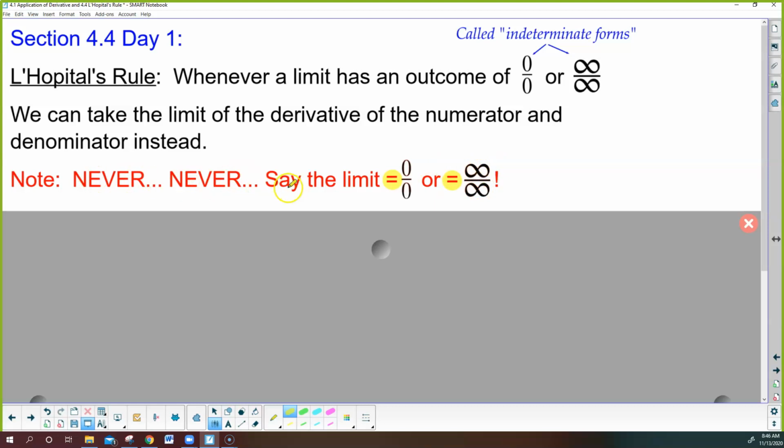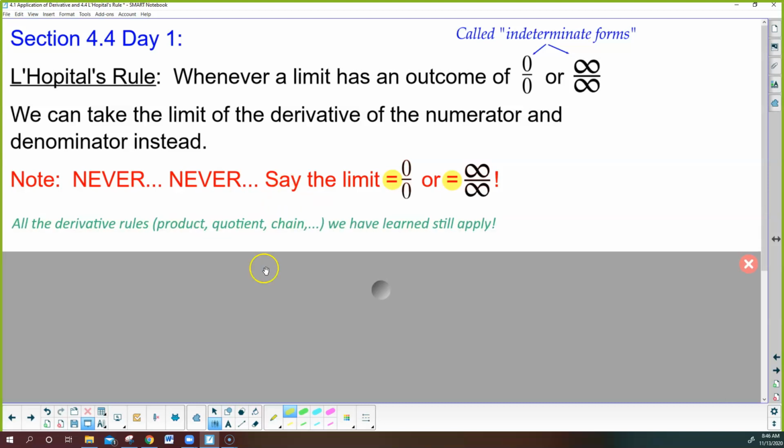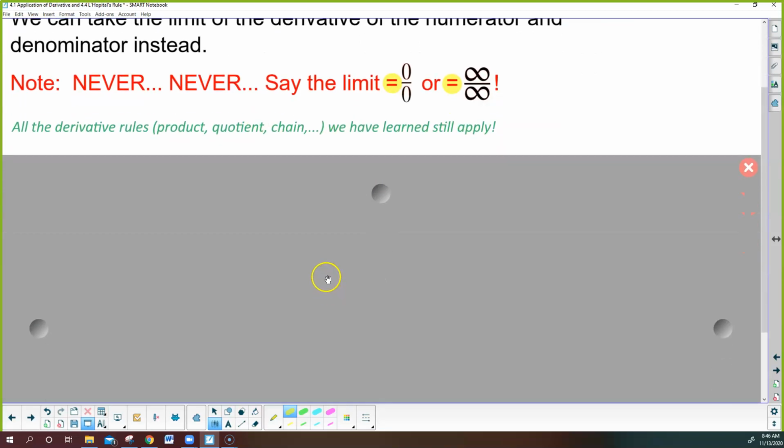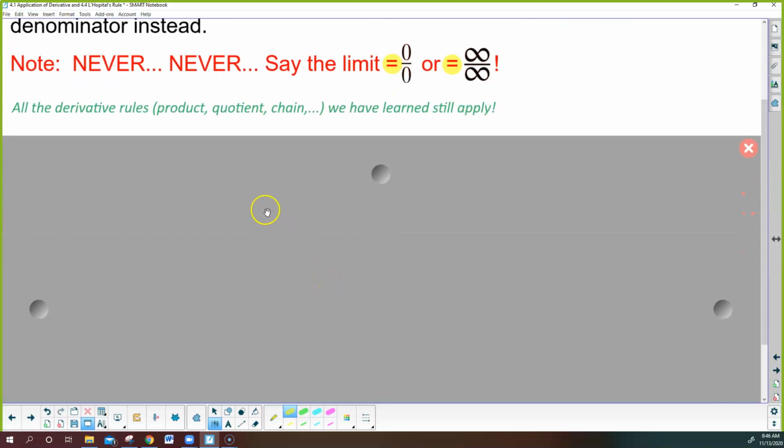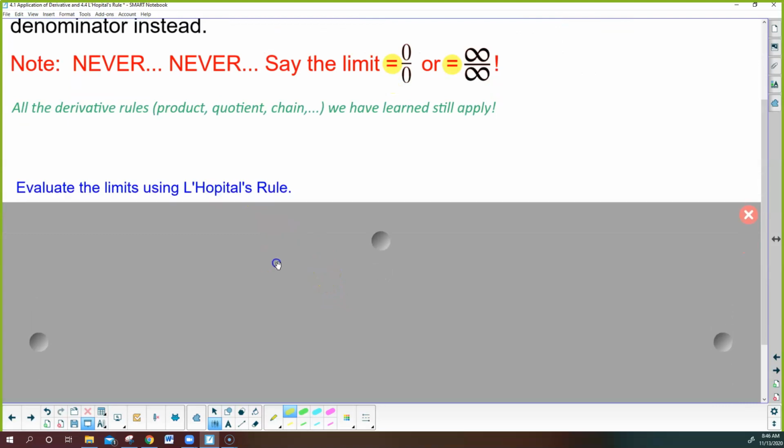You have to be very purposeful with what and how you use your equal signs in calculus. And the other thing to note is that all the derivatives that we've learned are fair game. They could appear. So product, quotient, chain, powers, inverse trigs, everything is fair game, which is why we spent as long as we did learning those derivative rules.